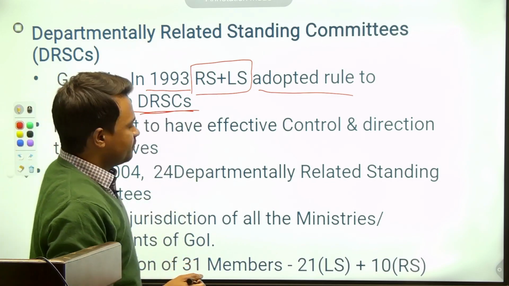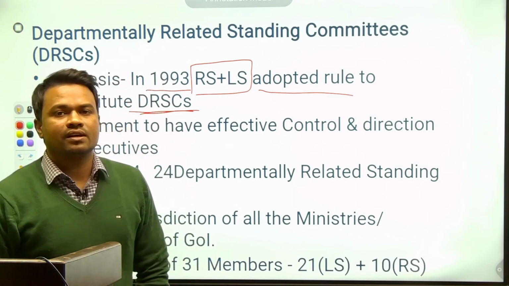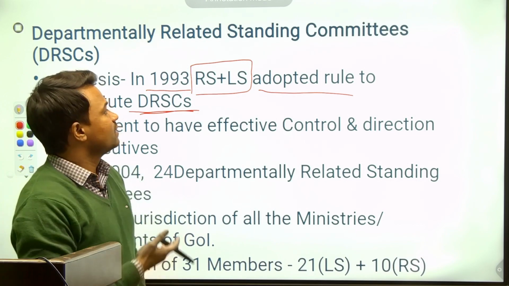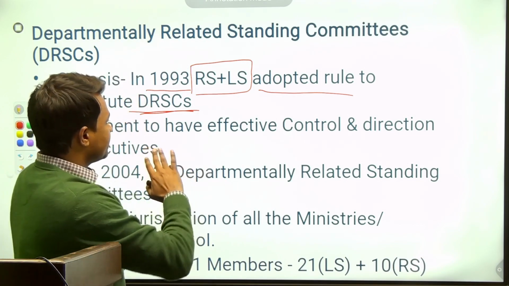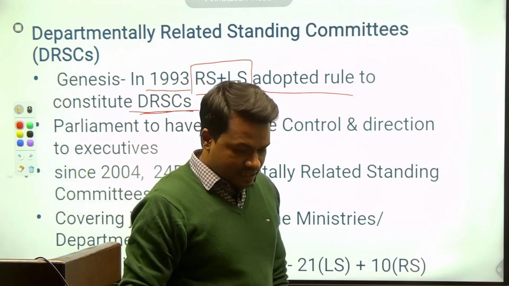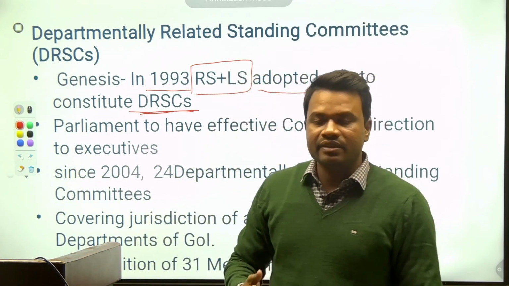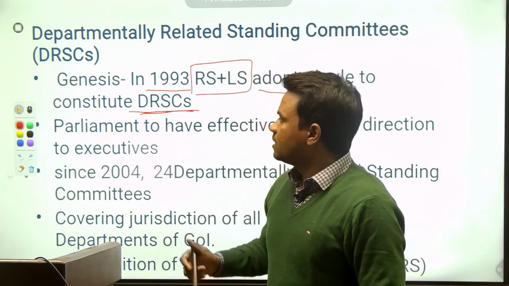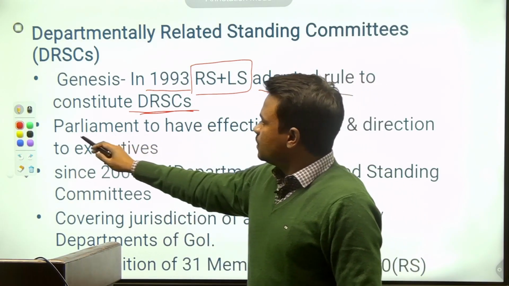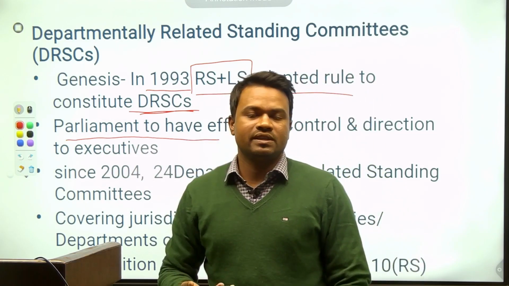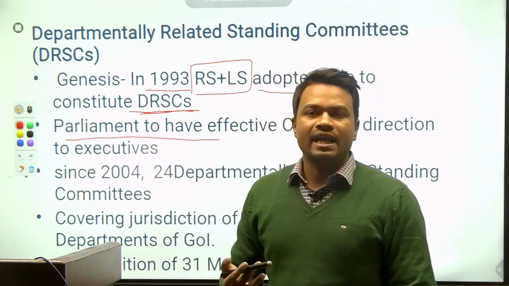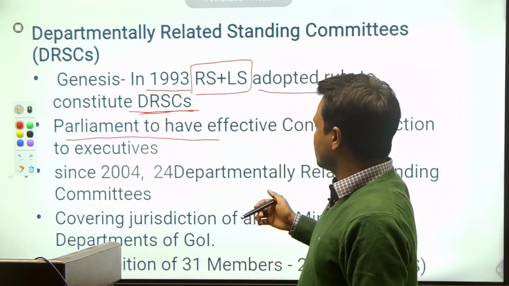Before that there were no such departmentally related standing committees in India, and the idea behind them was to make Parliament's control over the executive effective and give directions whenever the requirement arises.